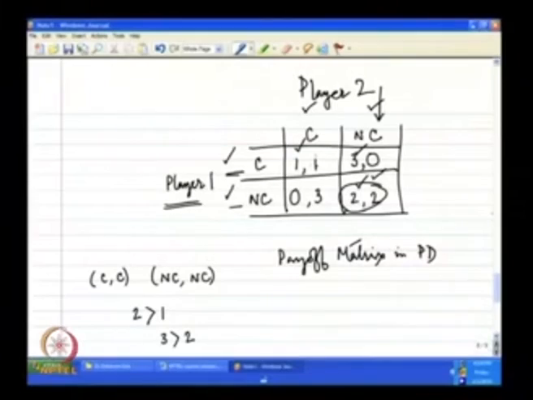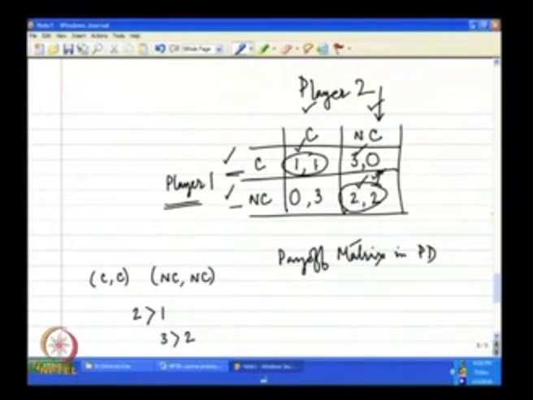So, this outcome, which would have been better than this, may not last, because each of the players has an incentive to confess. I have given you this illustration from the point of view of player 1.